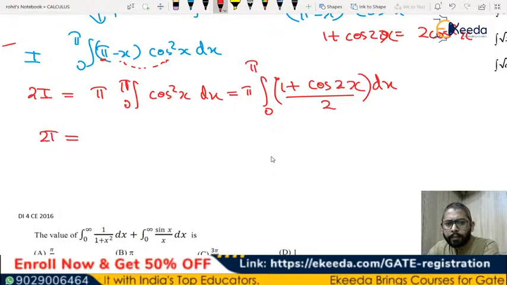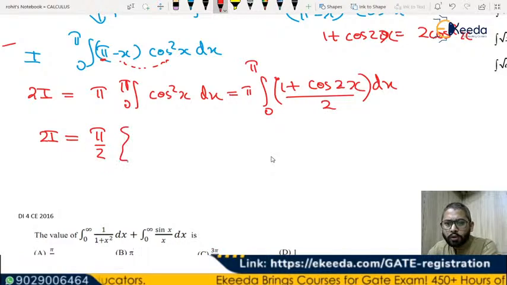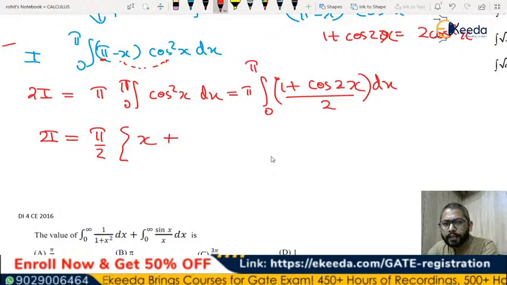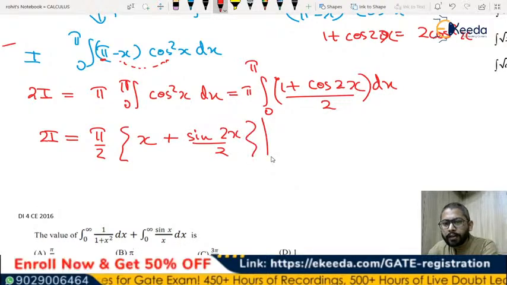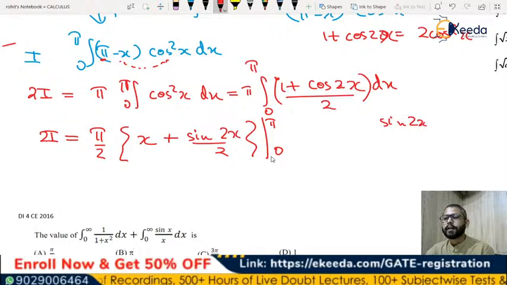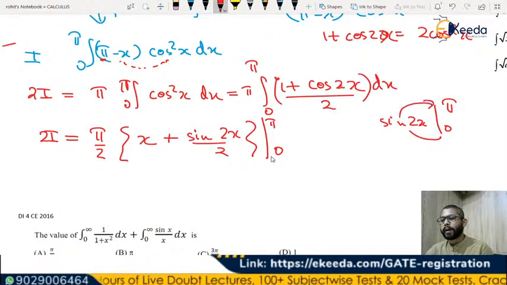So 2I becomes pi times of, so what is 1 by 2? Let's take this 2 also outside. 1 dx will become x and cos 2x will become sine 2x by 2 for the limit of 0 to pi. So the sine 2x with the limit 0 to pi: sine 0 will be 0, sine 2 pi will also be 0.